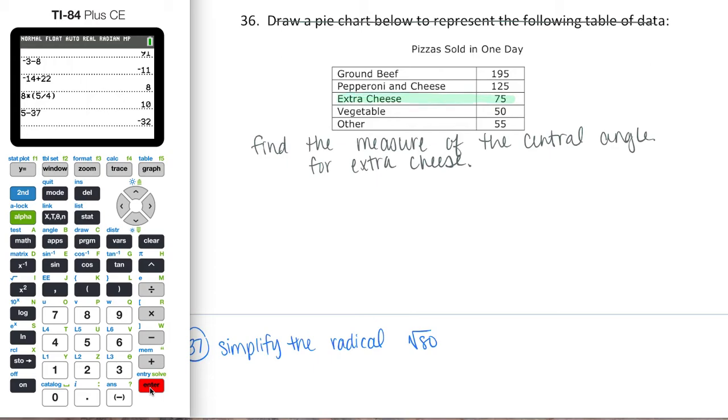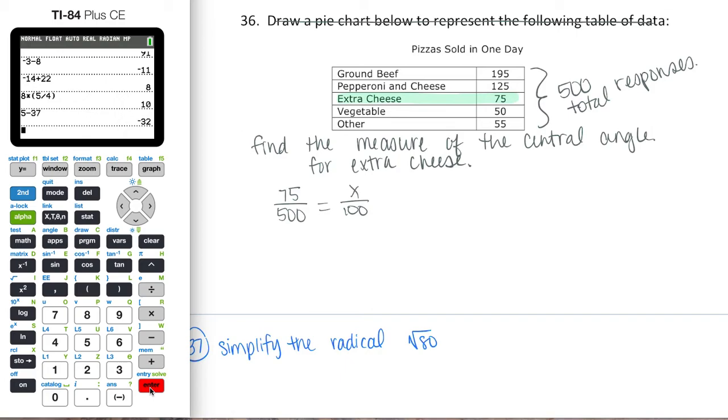So if we add all of these up together, we're going to have a total of 500 total responses. So 75 out of 500 people said extra cheese. So we're going to find the percent of that.